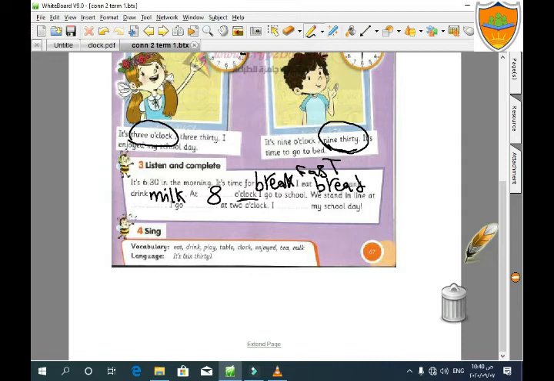We stand in line at 8:30. I go at 2 o'clock. I go home. I enjoyed my school day.